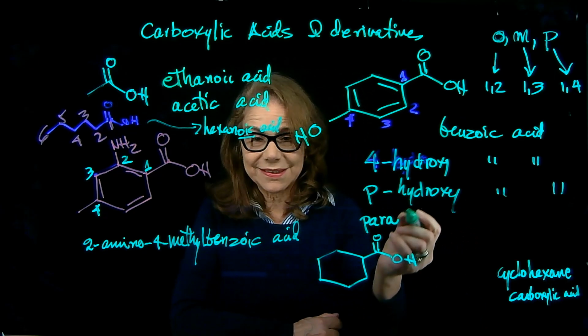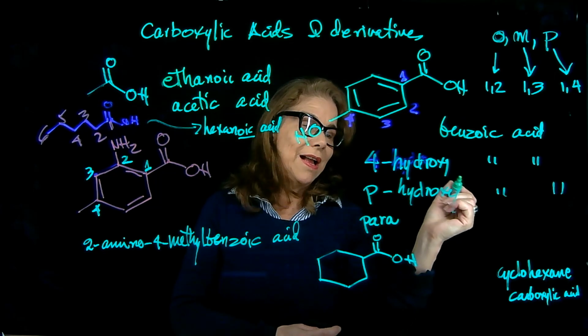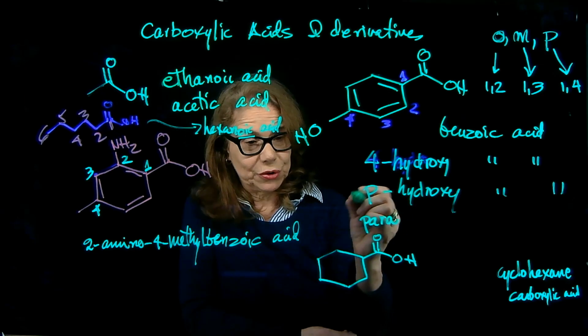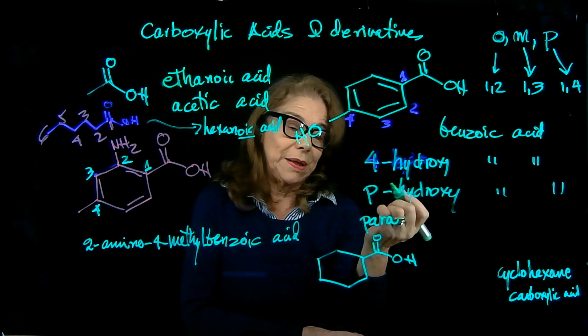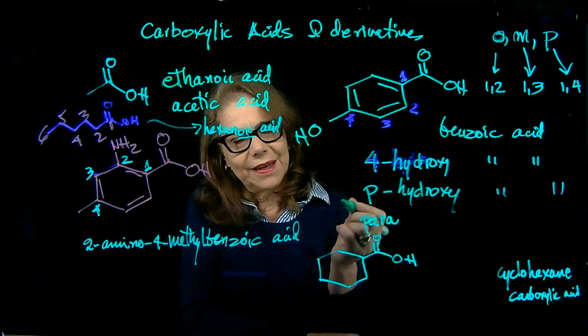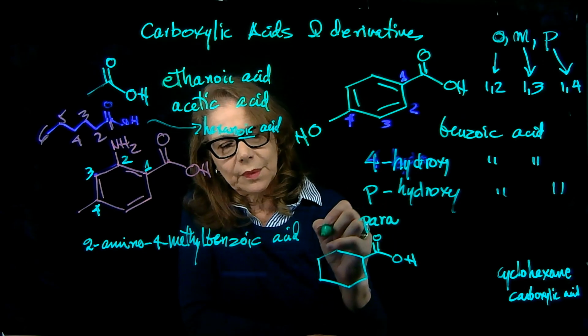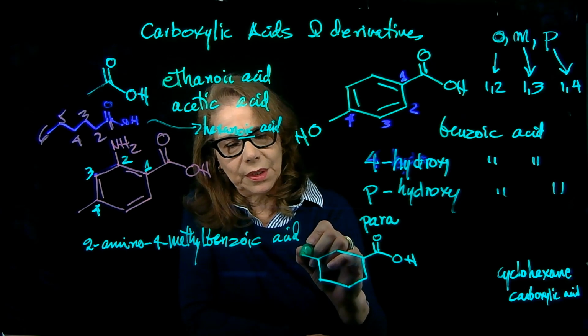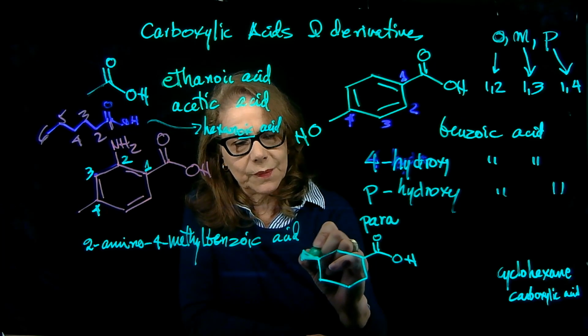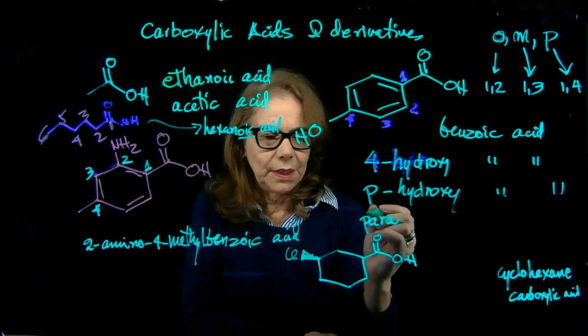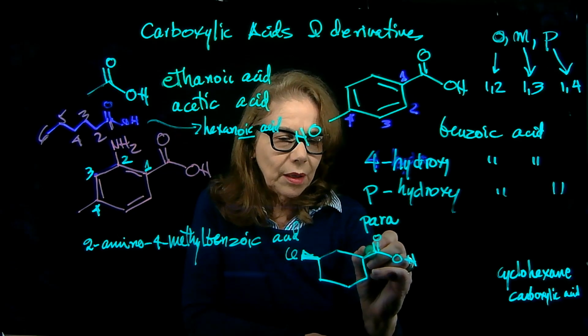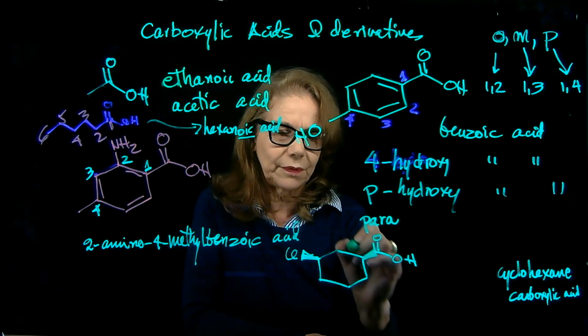Okay, and that's it. That's my carbon 1. Now, if I had substituents, then things will be different. Let's say that I got a chlorine here. And just to make it fun, I'm going to do this also.